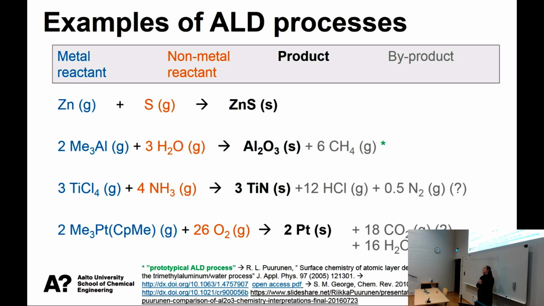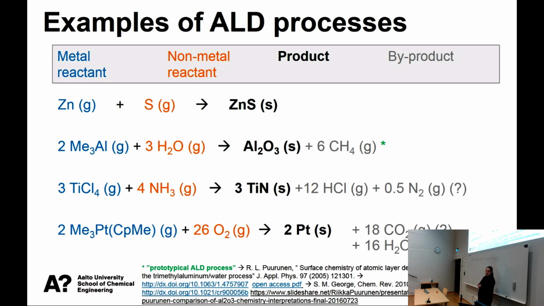I wrote a review of that surface chemistry myself when I was a postdoc at IMEC in Belgium. And partly because of that and partly because it's just ubiquitously used and studied, it has really become the most used and most studied and perhaps best understood ALD process, but still there are questions in the surface chemistry of that, even that people do not fully agree.